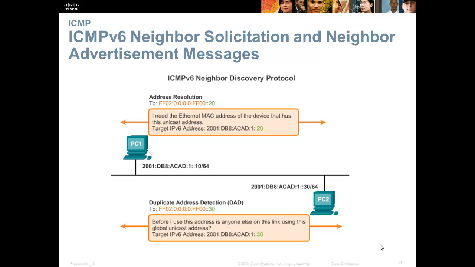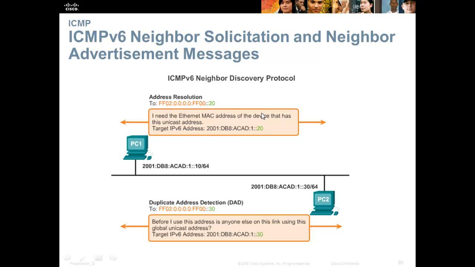So here's an example where we use neighbor solicitation and neighbor advertisement messages to determine the MAC address when we know a given IPv6 address. This process starts off by PC1 saying I need the Ethernet MAC address of a device that has the unicast address 2001:DB8:ACAD:1::20.